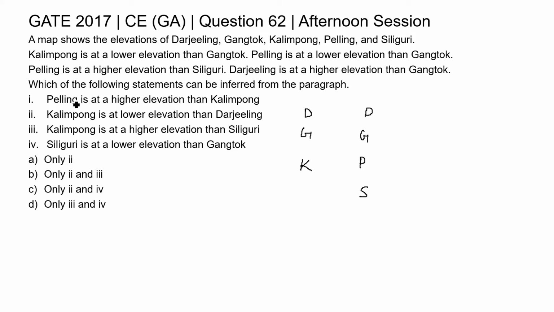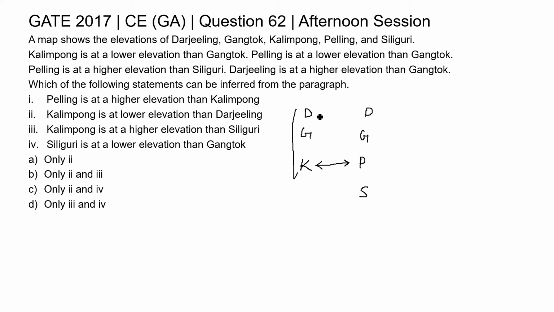So the first statement says Pelling is at a higher elevation than Kalimpong. So there is a relationship between Pelling and Kalimpong. The conditions given in the question are talking about 2 sets.